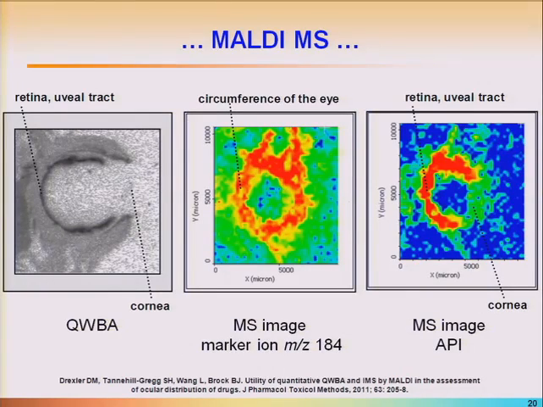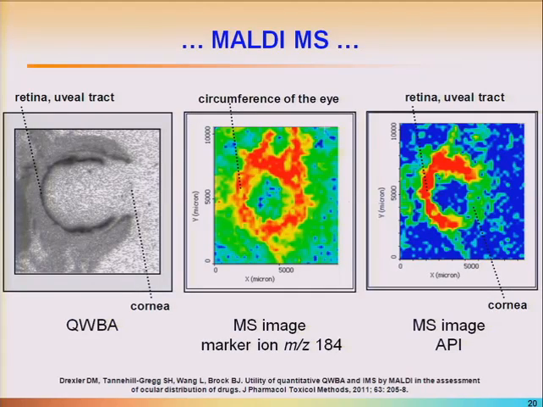Another example where we had an assessment of phototoxicity using ocular distribution. Here we have a QWBA where this is a compound in development. The path forward was to synthesize a 14C labeled API which was dosed to animals, and there was a concern about phototoxicity. Doing QWBA, this is a cut of an eye.